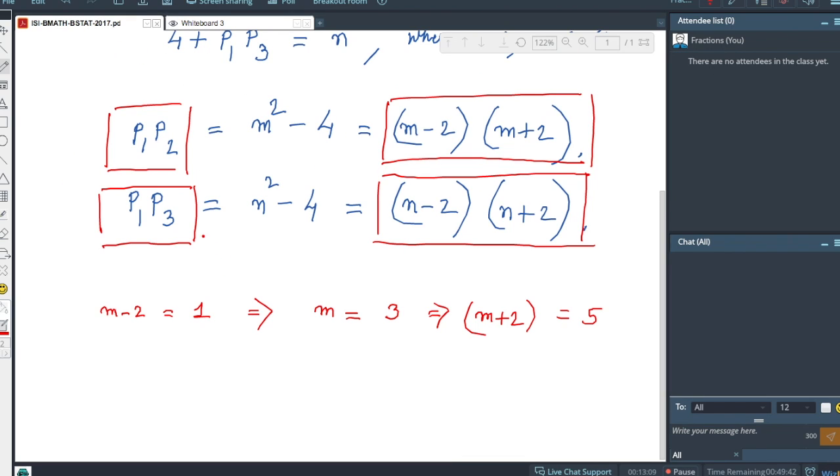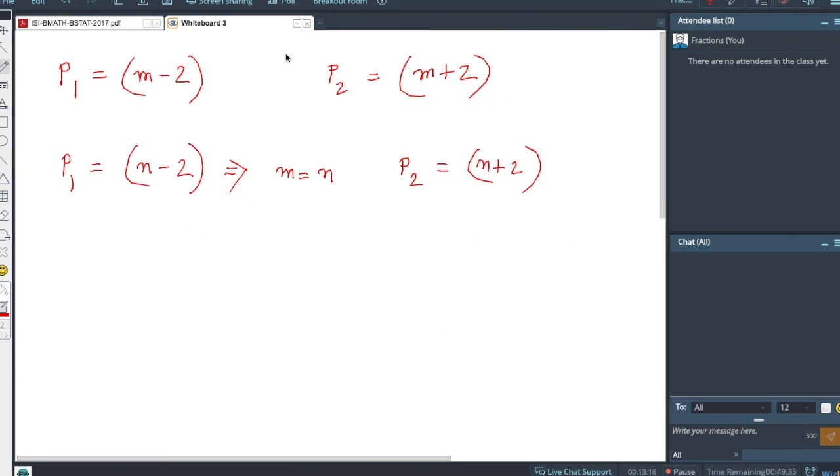And from the second equation, if P1 is n minus 2, then obviously P3 is n plus 2. So P3 is also n plus 2. But we have been given that P2 is not equal to P3. So there we get a contradiction. So this is not possible.